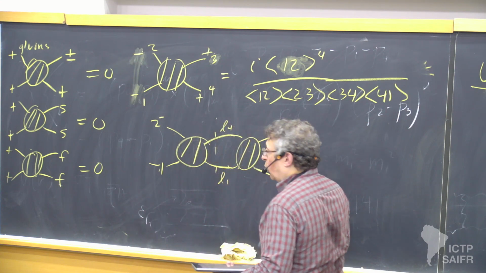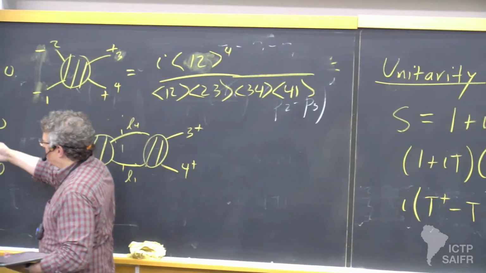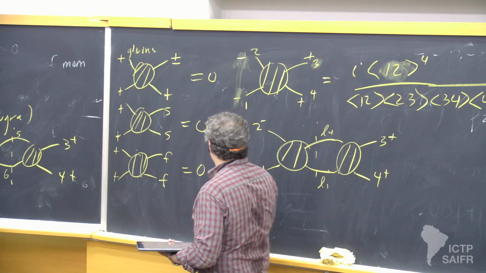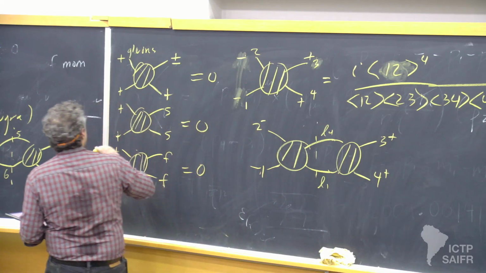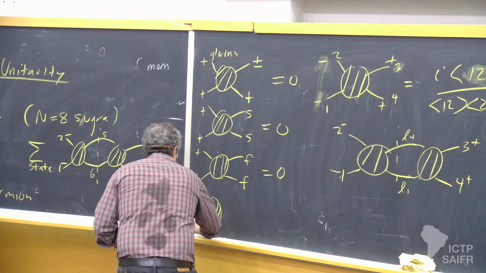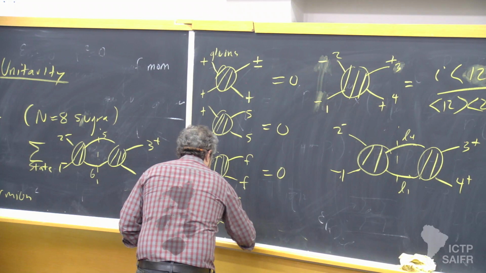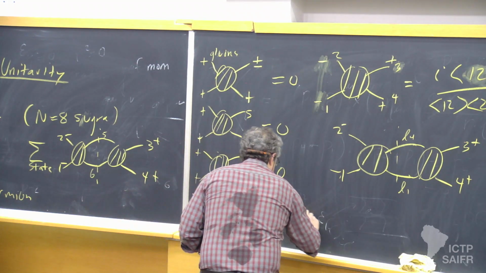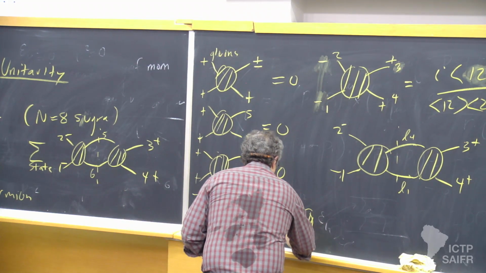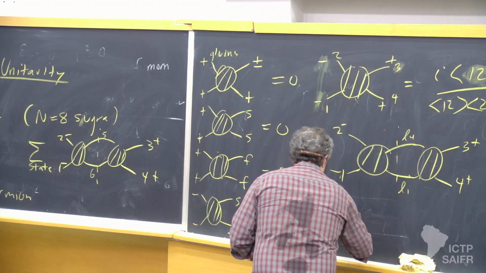Okay, so who can propagate? Suppose I put a scalar in the loop. Also the parity reversed. All of these statements, if I make it minus, minus, scalar, scalar, that's 0, minus, minus, fermion, fermion, that's 0.